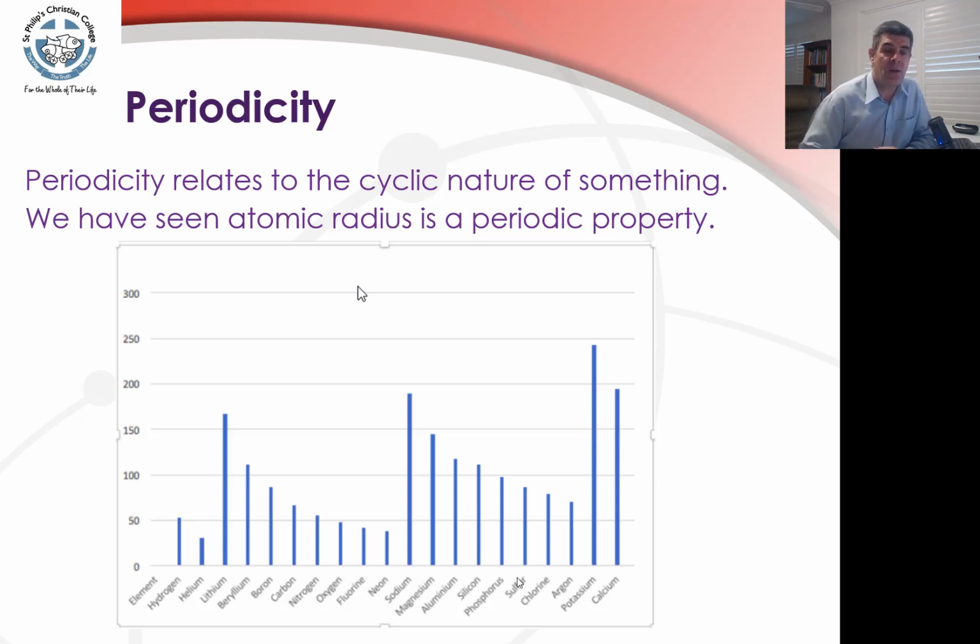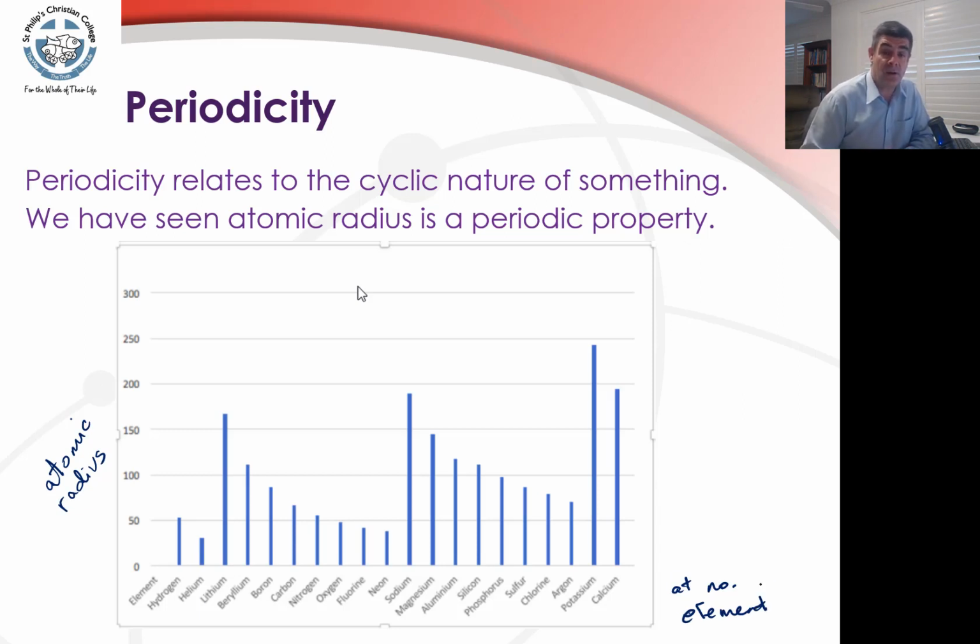And yesterday we had a look at atomic radius as a particular periodic property. So here is actually one of your work. This is where I asked you to plot atomic radius against the element or atomic number. And you can see what this student has done is used a bar graph.